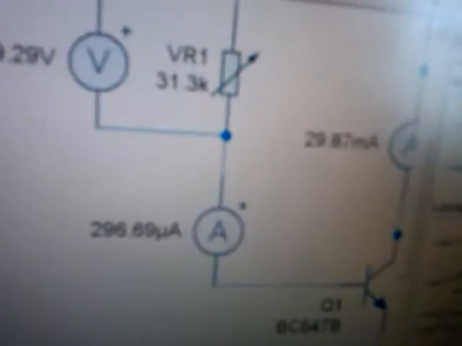Now I have finished designing it in the simulator, Electronics Workbench and Circuit Wizard. This is the 20-volt supply, and our value of RB is 31.3 kilo ohms, as in my calculation.